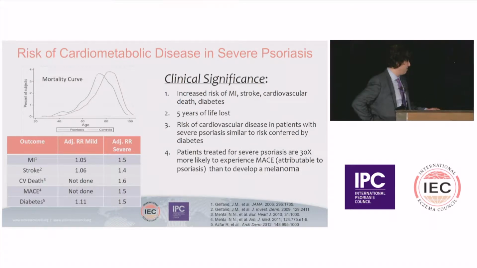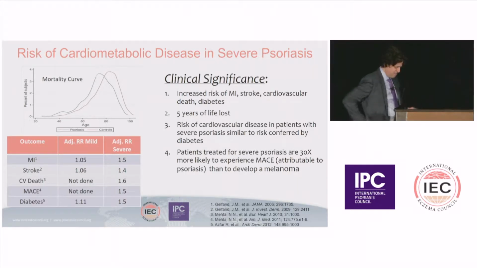What you'll see is that people who have more mild disease, who didn't receive systemic therapies or phototherapy, for example, have small associations with these major cardiovascular outcomes. And in those who have more severe disease, who got phototherapy or systemic agents, there are more clinically significant rates of these outcomes. And the clinical significance is that people with moderate to severe psoriasis die about 5 years younger than they should based on their risk factors for mortality.